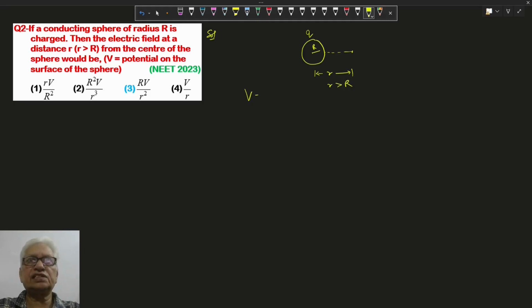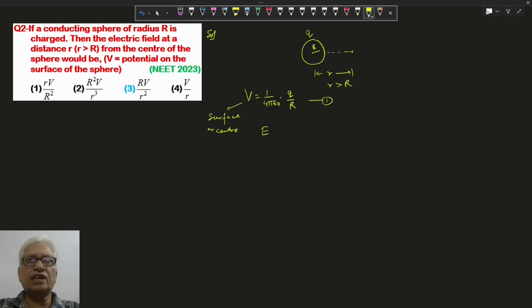Voltage V is K, or 1 upon 4 pi epsilon naught, Q upon R. This is the voltage at the surface. The voltage on the surface will be the same inside at every point. So at the center also the same voltage.